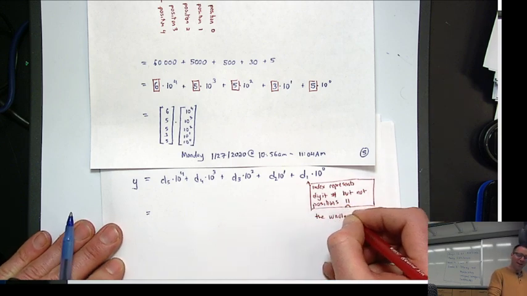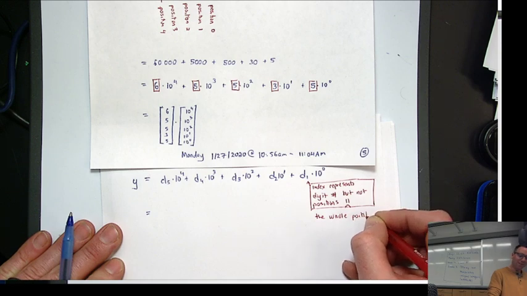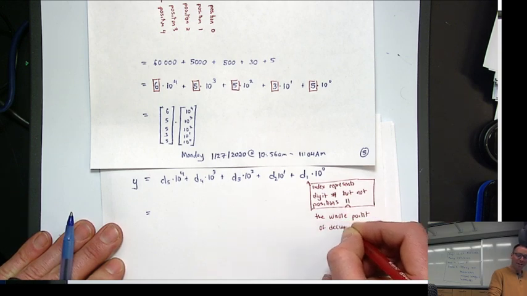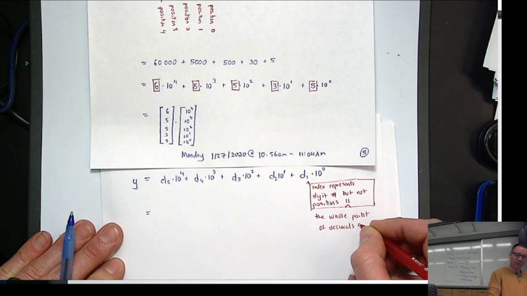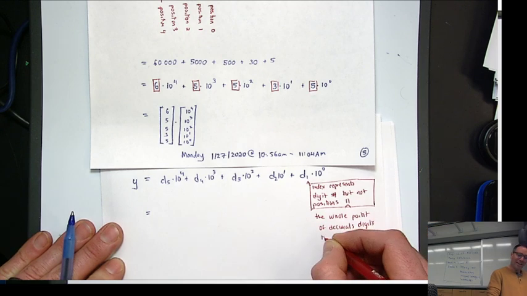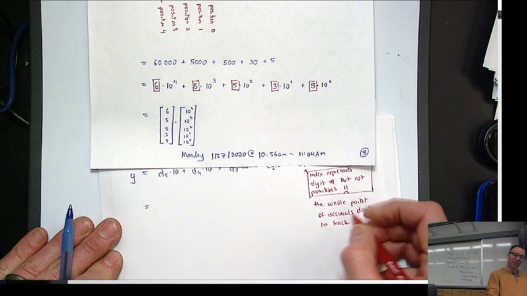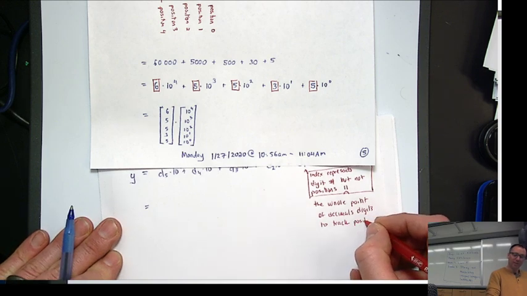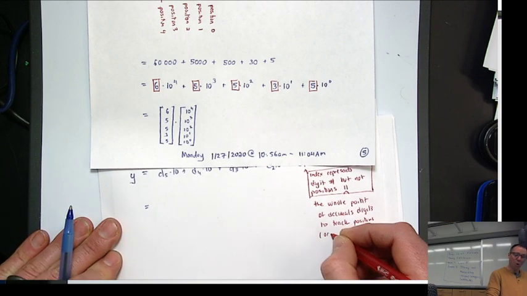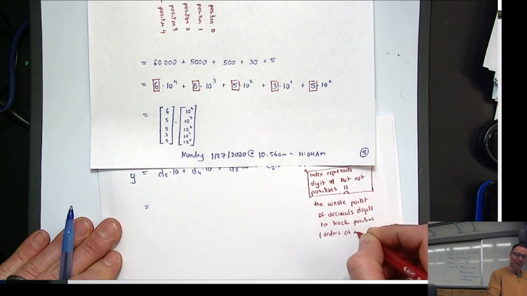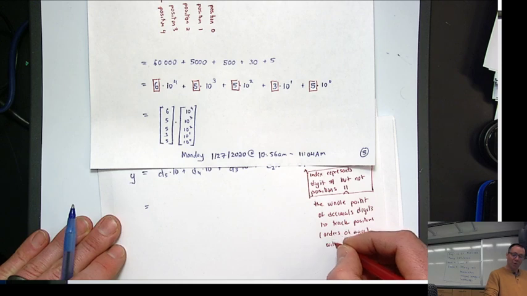The whole point of decimal representations is to track positions, also known as orders of magnitude, with powers of 10.